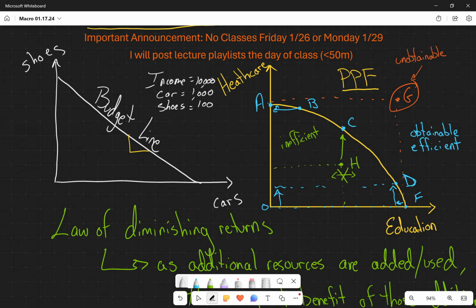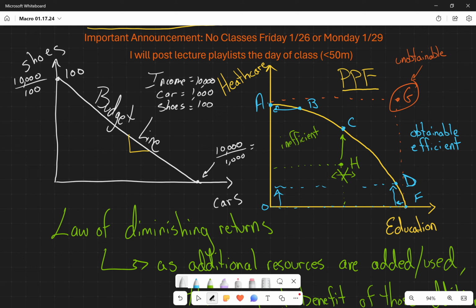So the maximum I can get in terms of shoes is going to be 10,000, my full income, divided by 100, the cost of shoes. So I could get 100 shoes here. And then the maximum cars that I could get, this intercept here, is going to be 10,000, my income, divided by the price of cars.